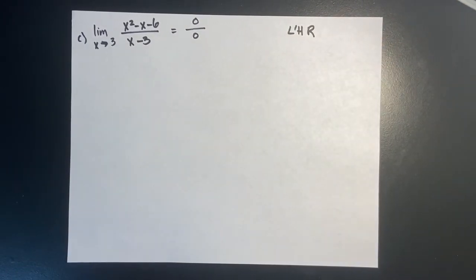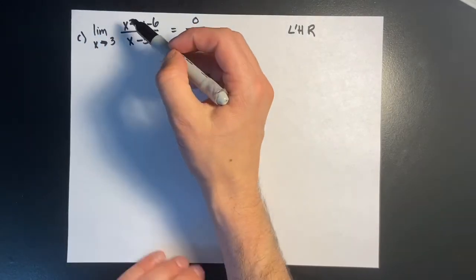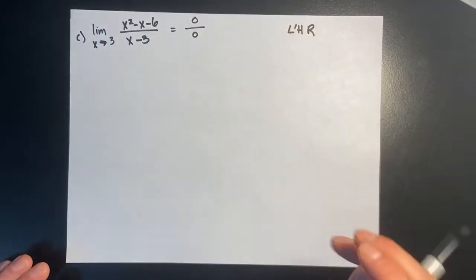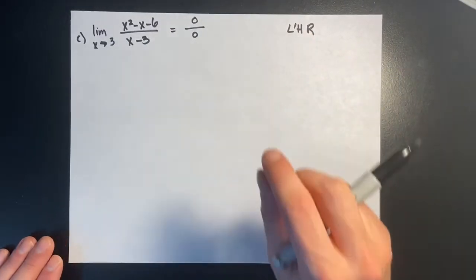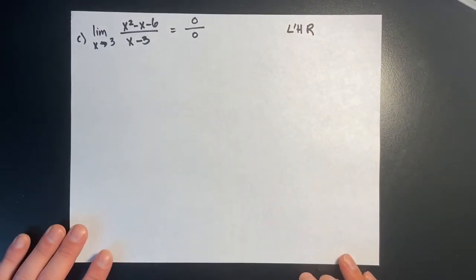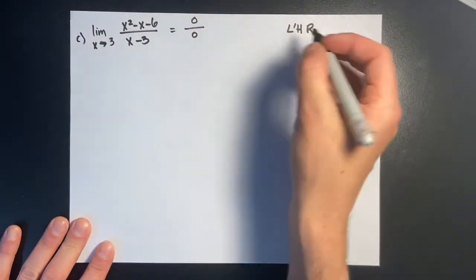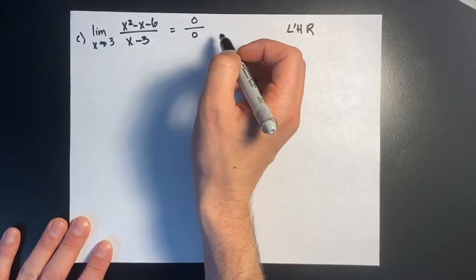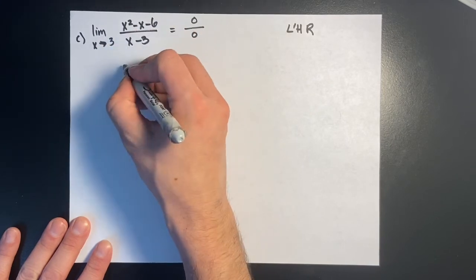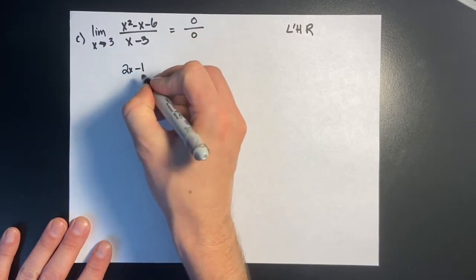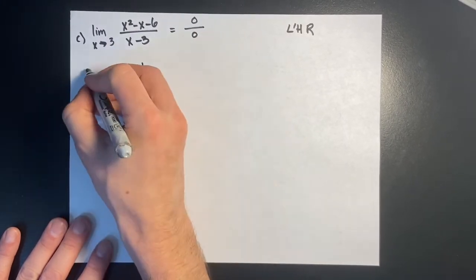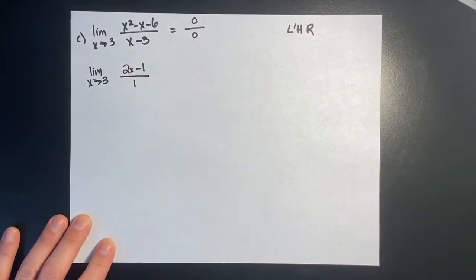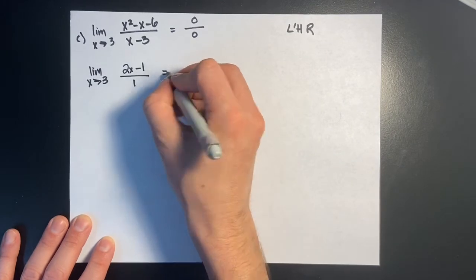Now, what we learned way back in the day is maybe you could factor this. And maybe we can, but I'm not going to because I know this new rule that might be a little bit more convenient. L'Hopital's rule says if I had 0 over 0 or infinity over infinity, I could take the derivative of the top, take the derivative of the bottom, repeat the process, see what happens.